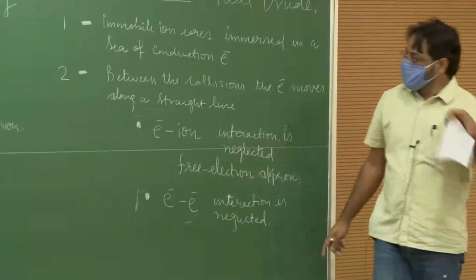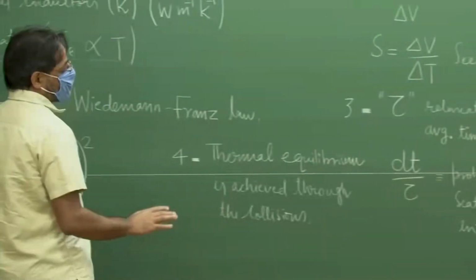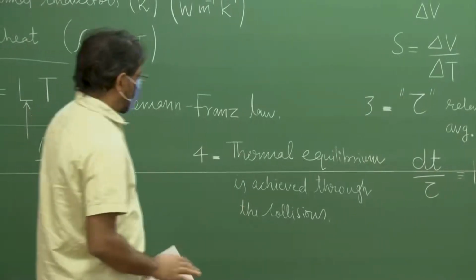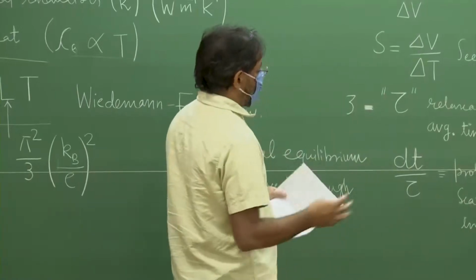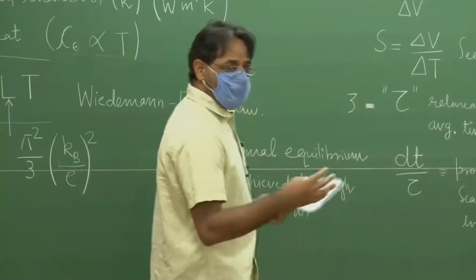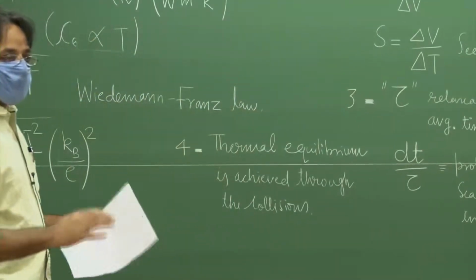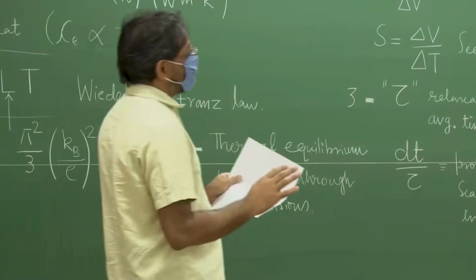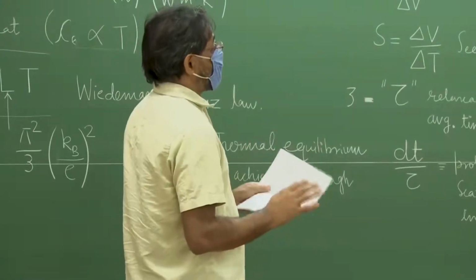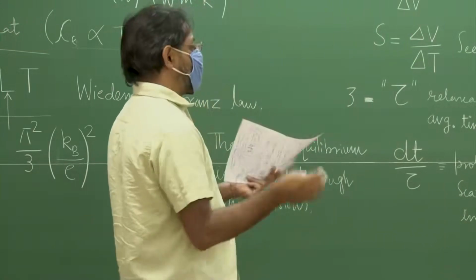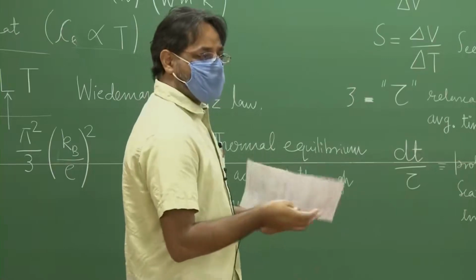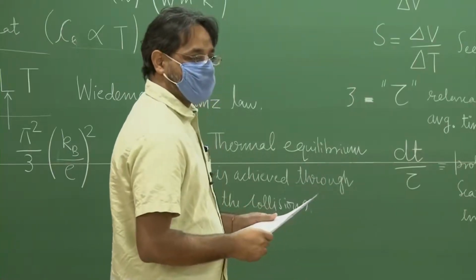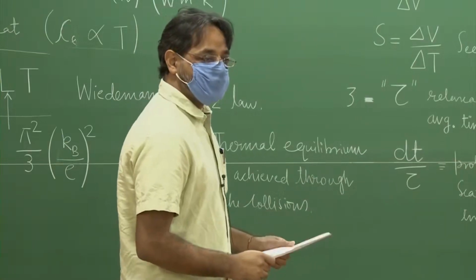Here again, the exact mechanism of how it happens is not very important. The point is that when you heat one part, the equilibrium is reached only because there are collisions, because besides collision there is nothing else happening. Otherwise, everything is just perfect. The ions are not moving, the electrons move of course, and they collide against the ionic cores. They may be colliding against each other also, and that is how they probably exchange energy, but all those collisions are elastic. The total energy remains conserved.